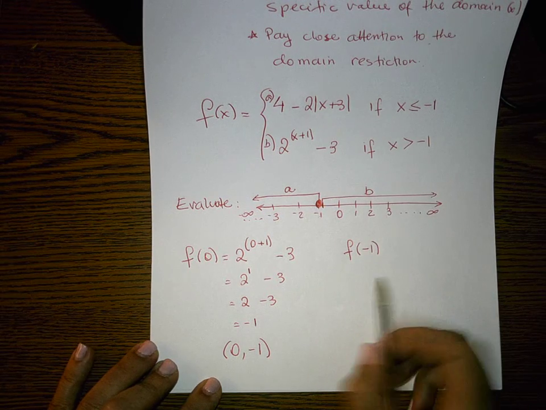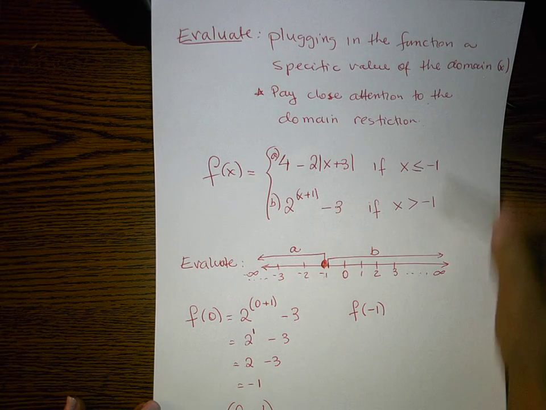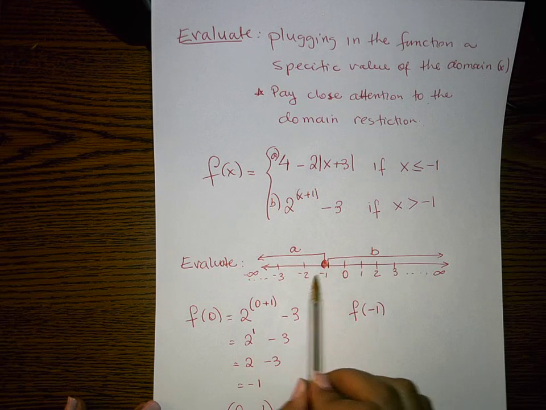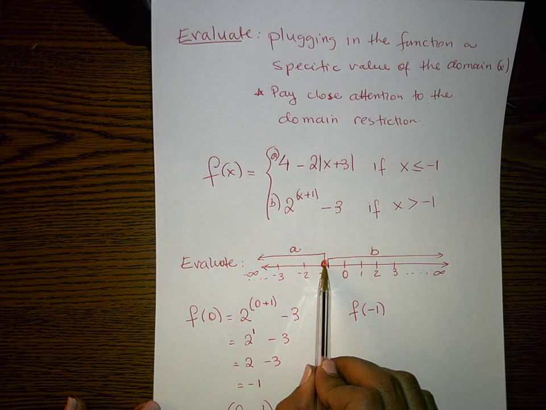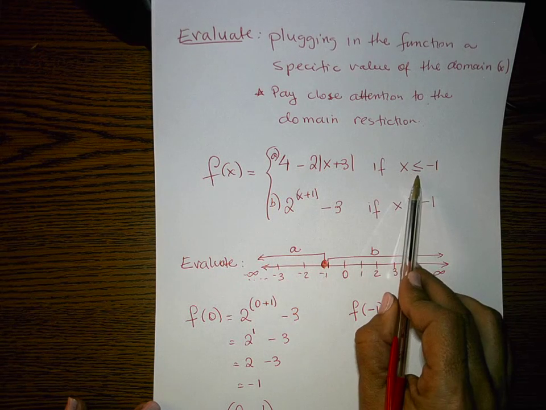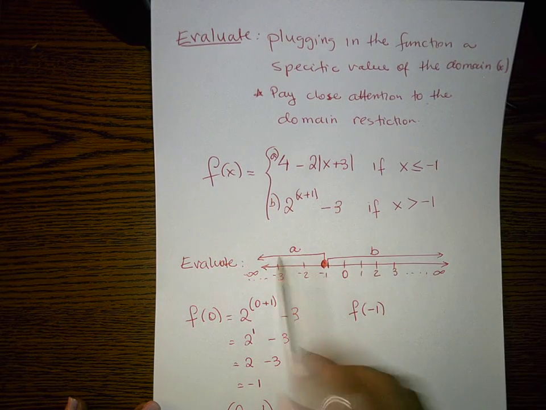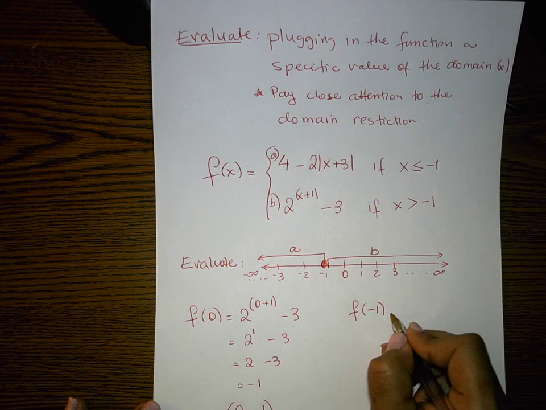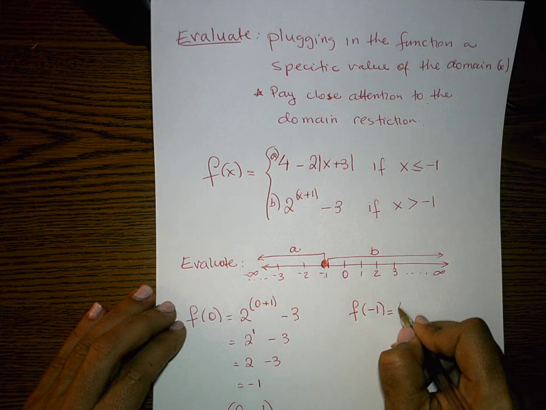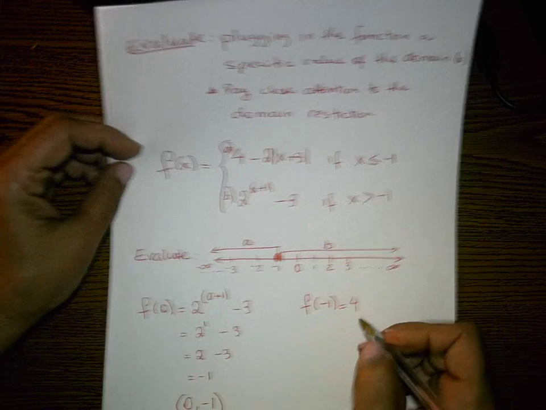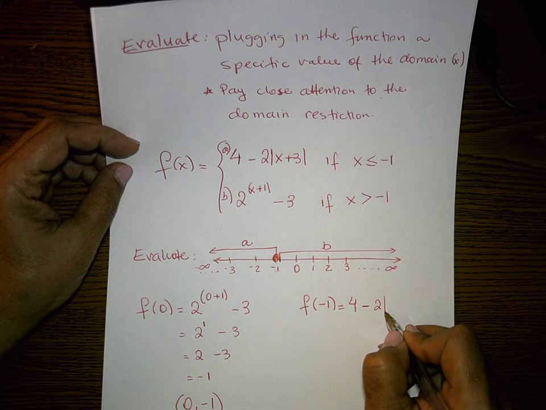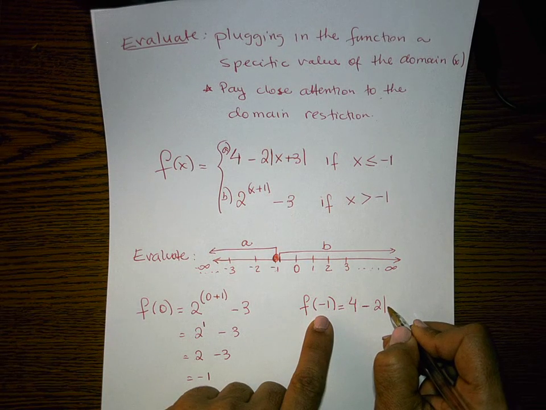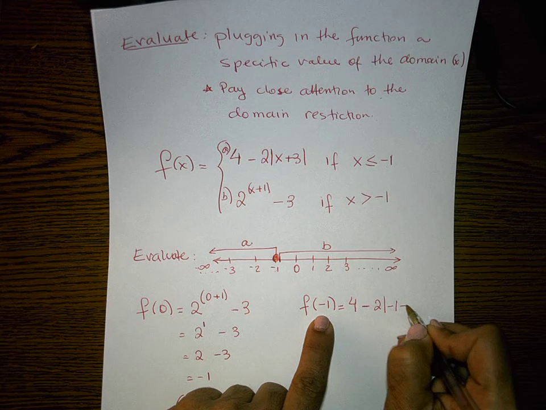I see -1 everywhere here, but I created my decision line here. -1 is included in my first function, so I'm supposed to use function A, my first function. Okay, so 4 minus 2 times, instead of an x, we're plugging in a -1 plus a 3.